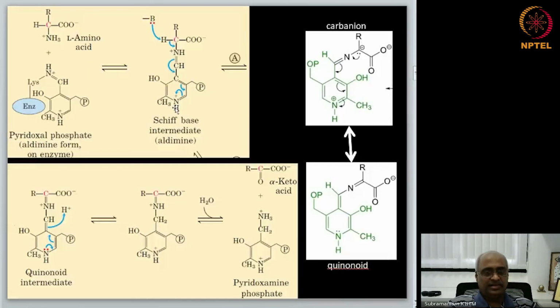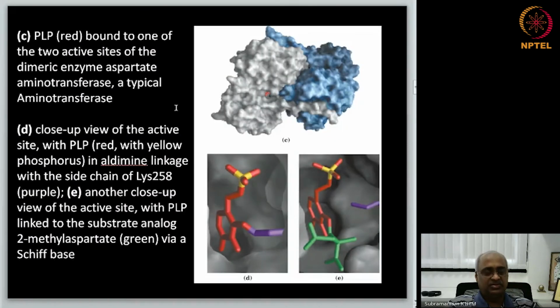Now let us get back to the path of the amino group, but before that, a little bit closer look at appreciating the beauty of this enzyme's active site. It's a dimer. In one of them you see this tiny red thing, that's the pyridoxal phosphate. Okay, so this is a close-up view.